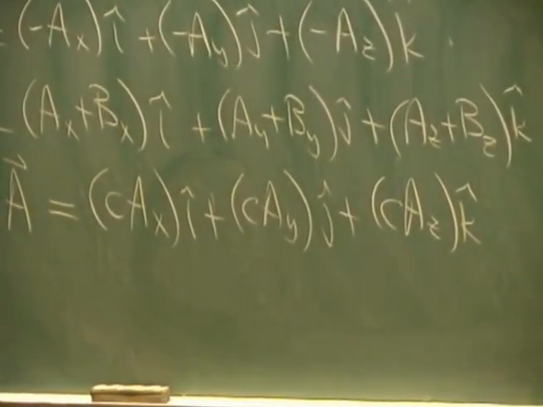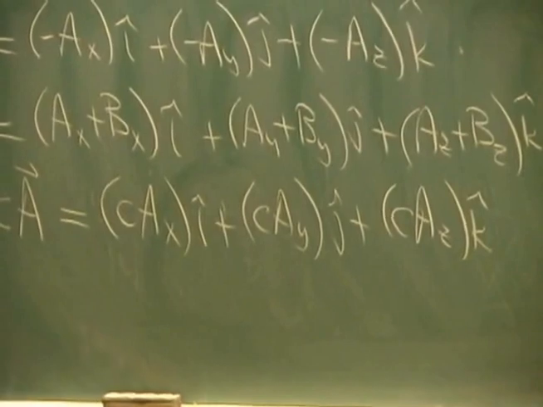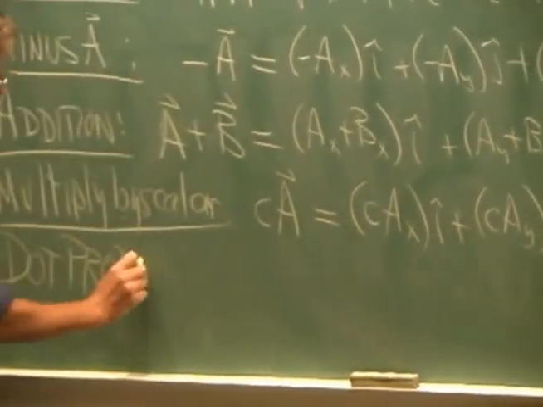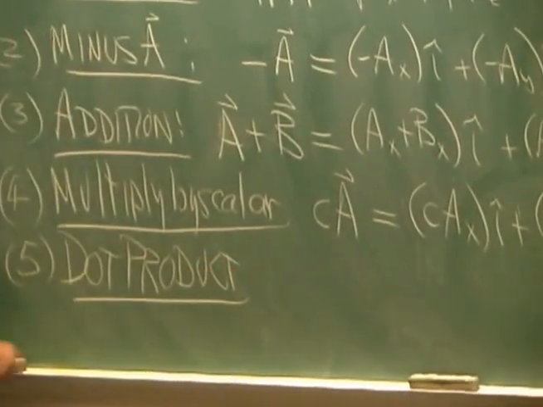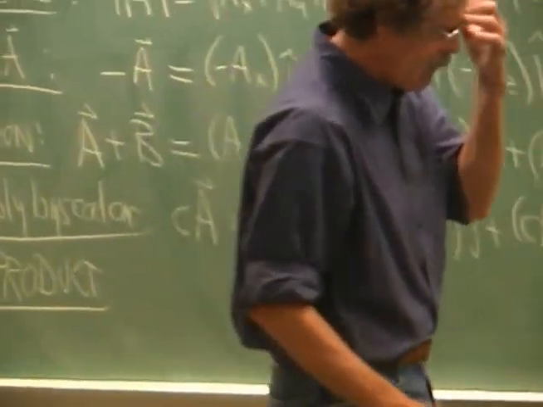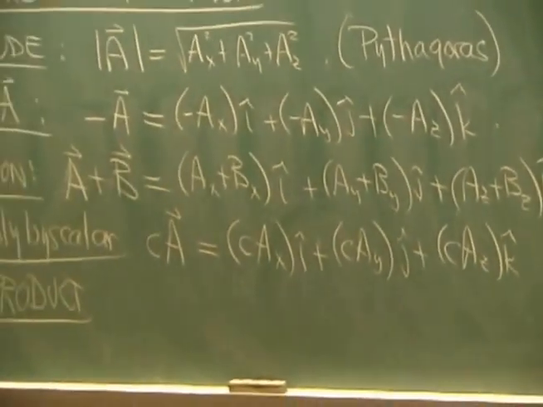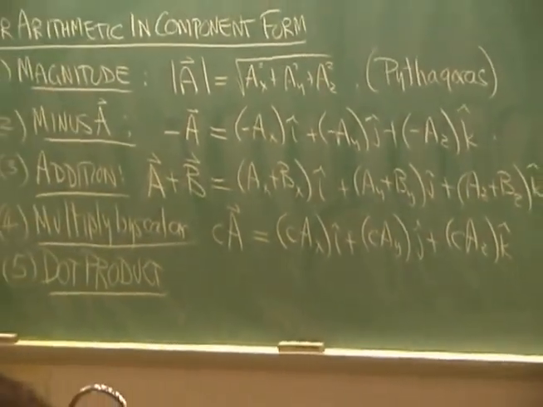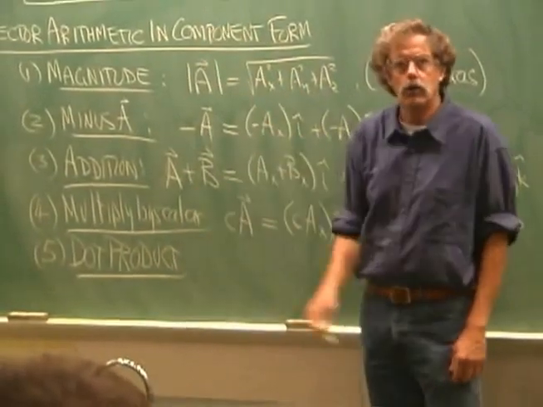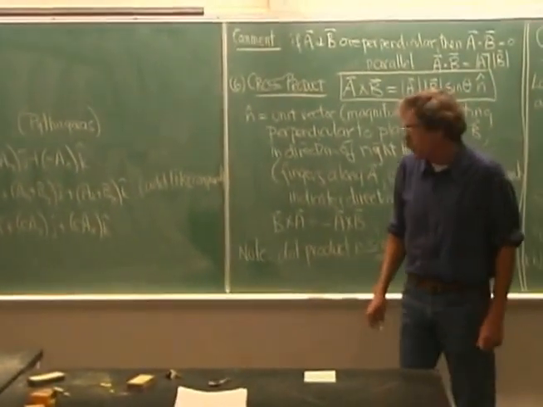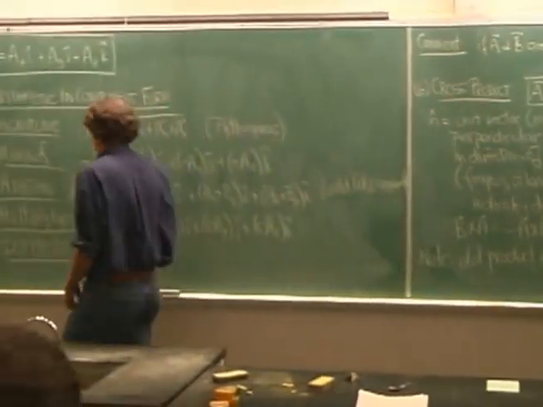Fifth, now a nifty one, the dot product. Remember, the dot product of two vectors was the magnitude of one times the magnitude of the other times the cosine of the angle between the two. What on earth does that say in terms of the components? Not obvious, but let me write the answer, and then maybe we'll talk about it more next time.